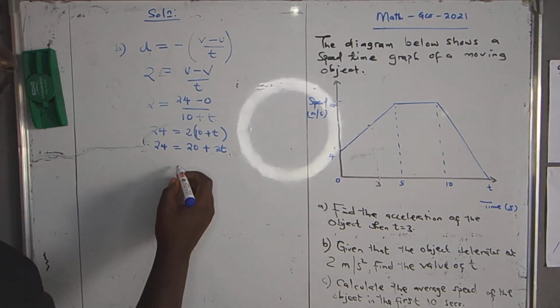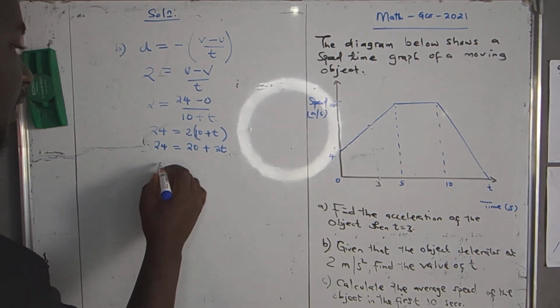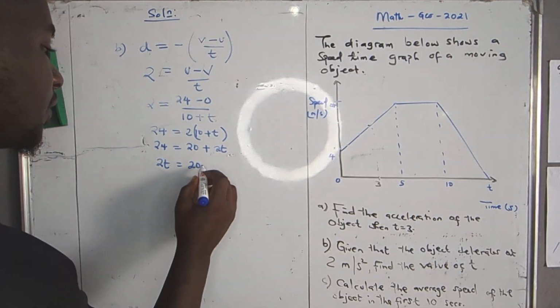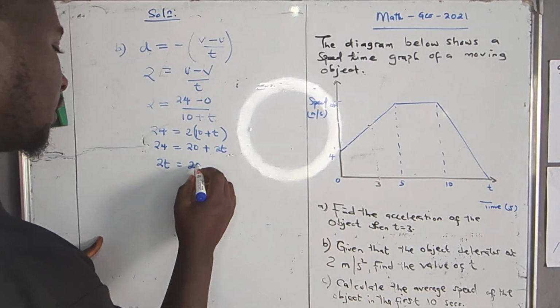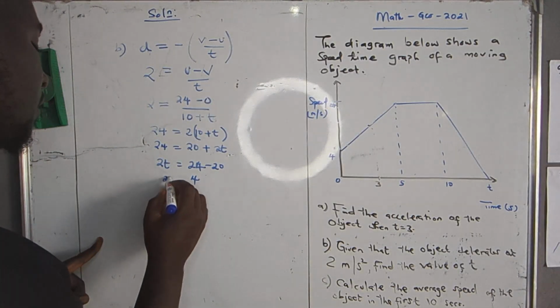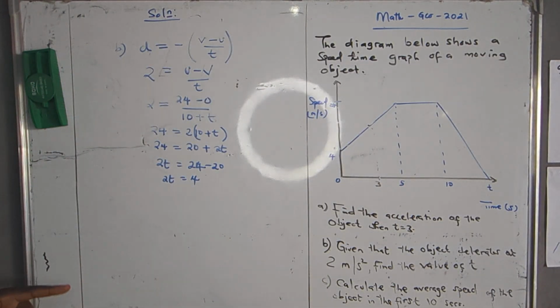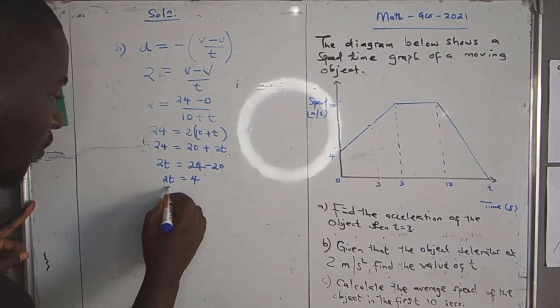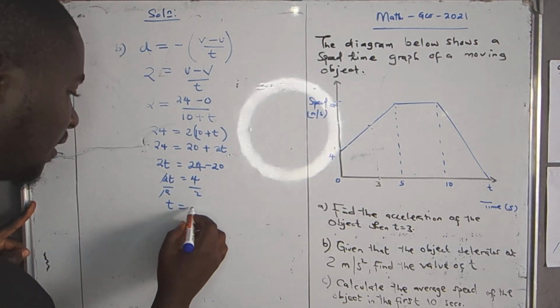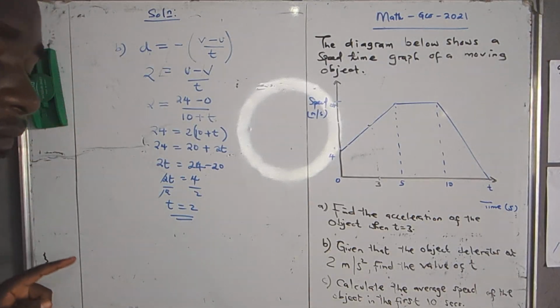Then from here, the 20 will come this side and you remain with only a 4. If you solve it properly like that, then when you divide by 2, you discover that t is actually 2 seconds.